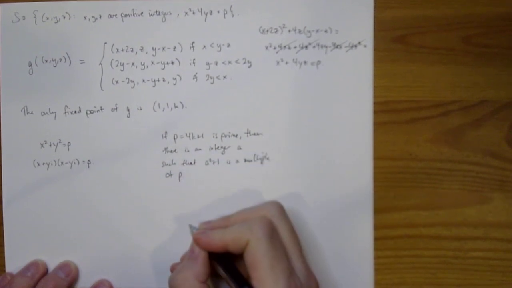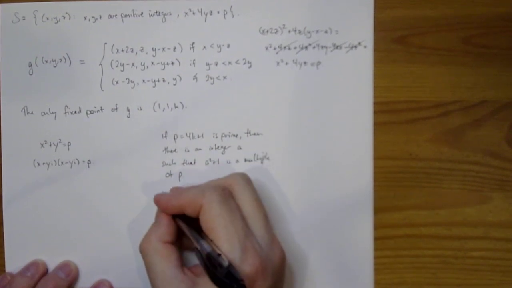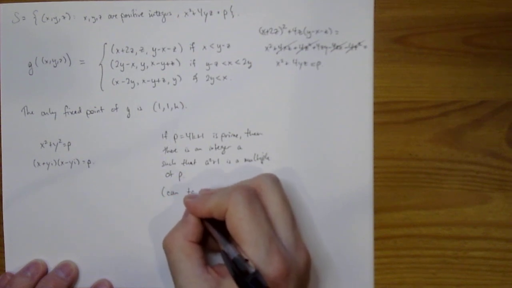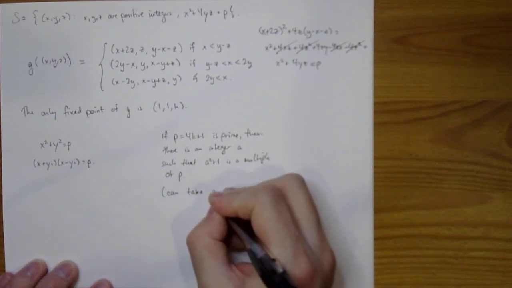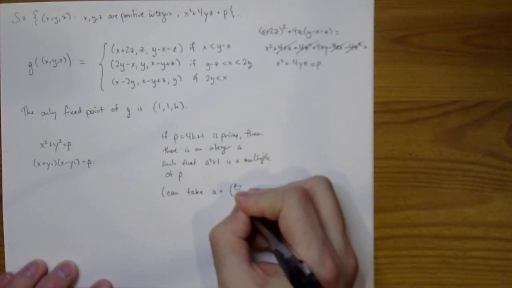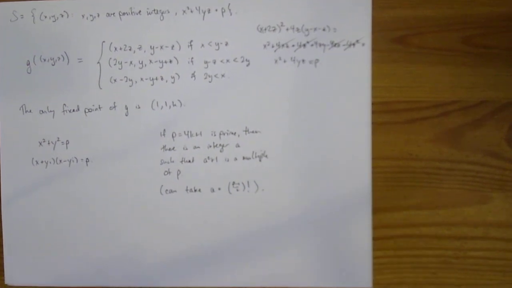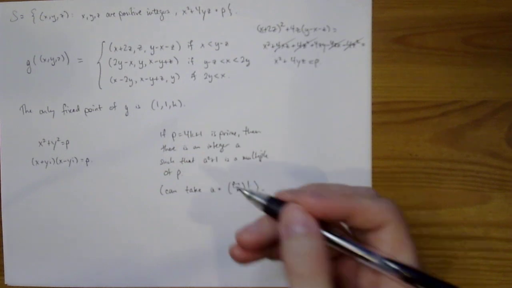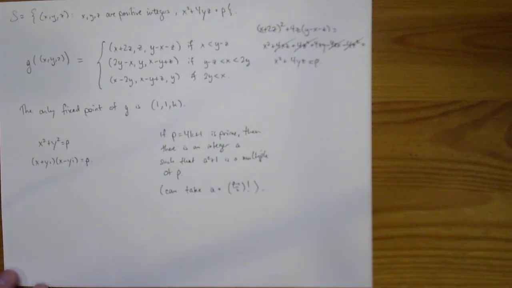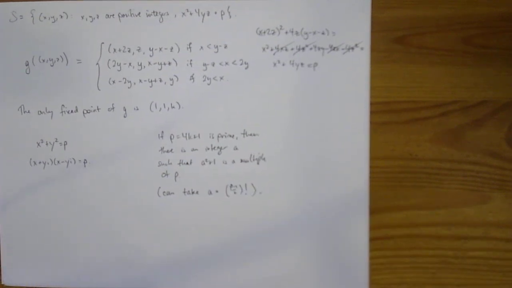And in fact, I believe that you can take a equals ((p minus 1) over 2) factorial. You can show that ((p minus 1) over 2) factorial squared plus 1 is always a multiple of p.